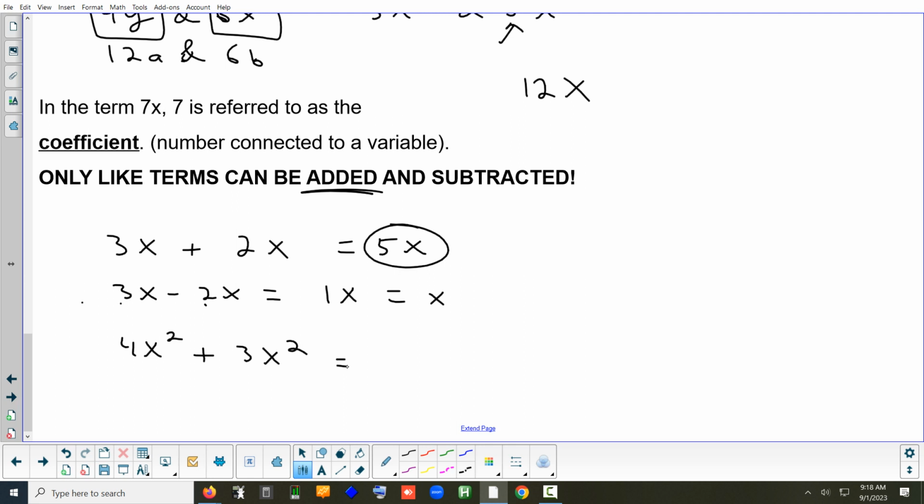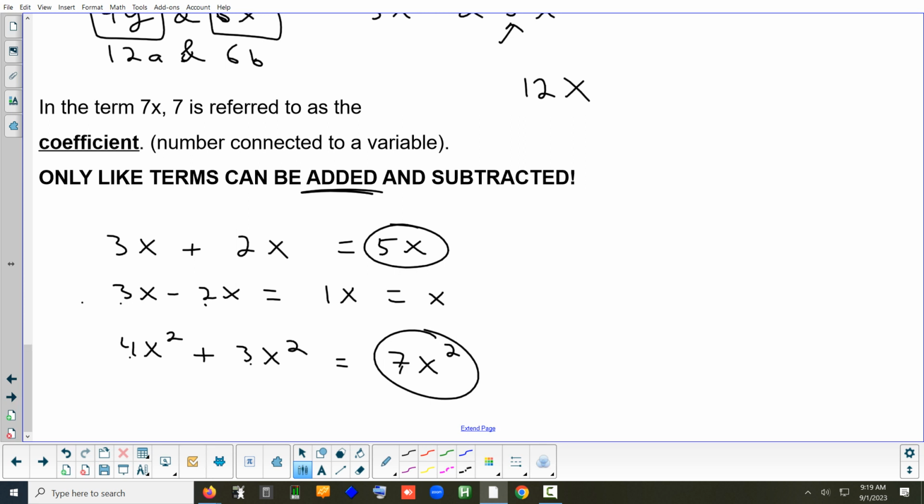So in this case, what's my letter with the exponent? X squared. So that part stays the same. And now all I have to do is add the 2 numbers that are in front. 7. So the answer to that one is 7x squared.